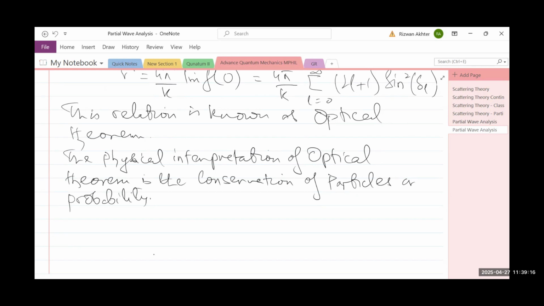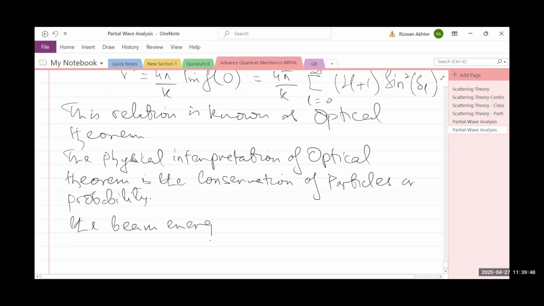So this decrease in the number of particles is measured by the total scattering cross section sigma. That is, the number of particles removed from the incident beam along the incident direction is proportional to sigma, and obviously if it is proportional to sigma, then that is equivalent to the imaginary part of f of 0.